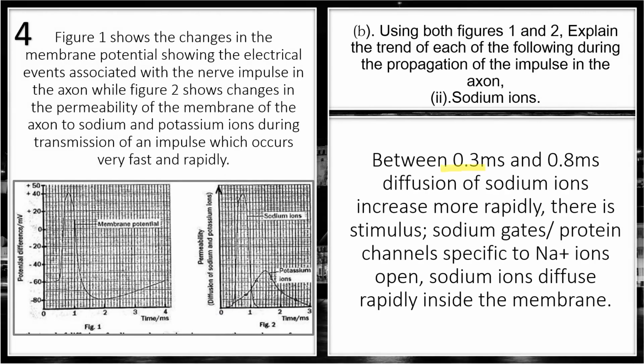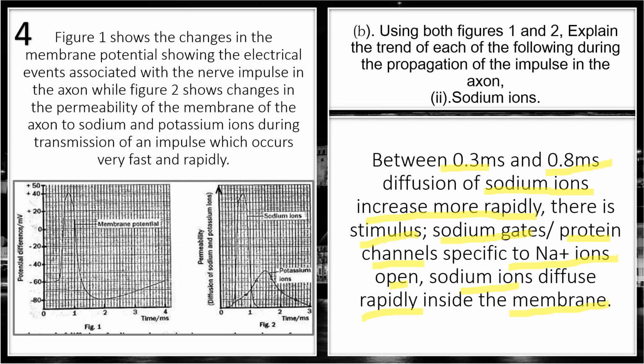Between 0.3 and 0.8 milliseconds, diffusion of sodium ions increases more rapidly. There is a stimulus. The sodium gates and the protein channels specific to sodium ions open, so the sodium ions diffuse rapidly inside the membrane.